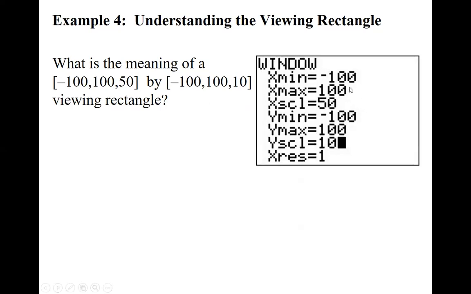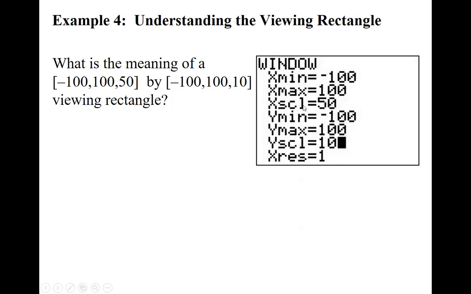And you can see that these are the values: -100, 150, -100, 110 for these categories: X min, X max, X scale, Y min, Y max, Y scale. The min is the minimum value for the axis. The max is the maximum value for the axis.